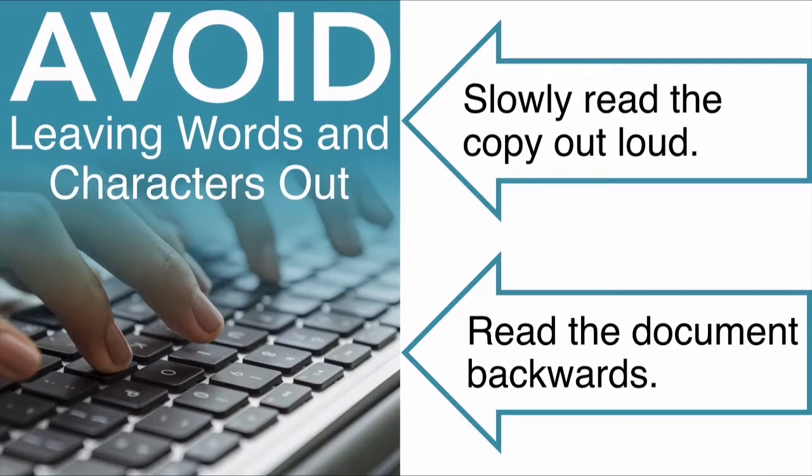Our brain plays these tricks on us, and I'm going to talk about that a little bit later in the webinar as well. But think about that. Anything that you can do to switch the pattern of how you normally read is going to help those errors just glare right out at you. So that's another tip. And again, I'm going to revisit that a little bit later in the webinar. I'm going to give you even more tips that you can use to catch errors. But those are two when we're talking about simply leaving out characters or leaving out words completely.